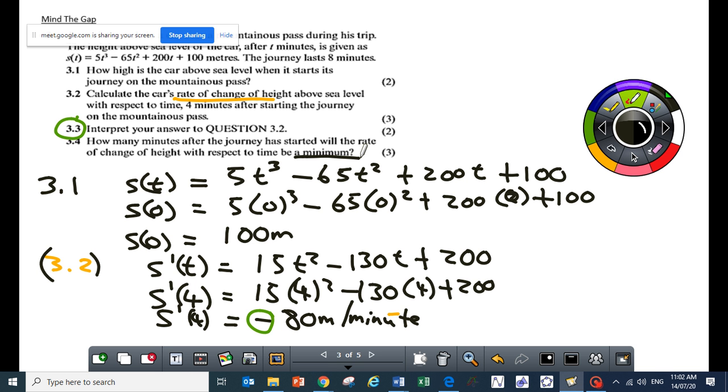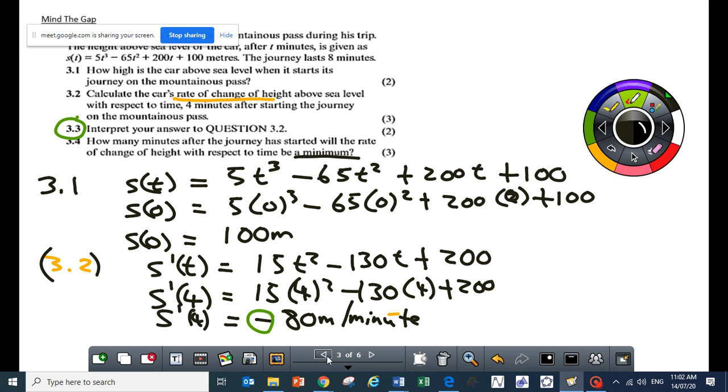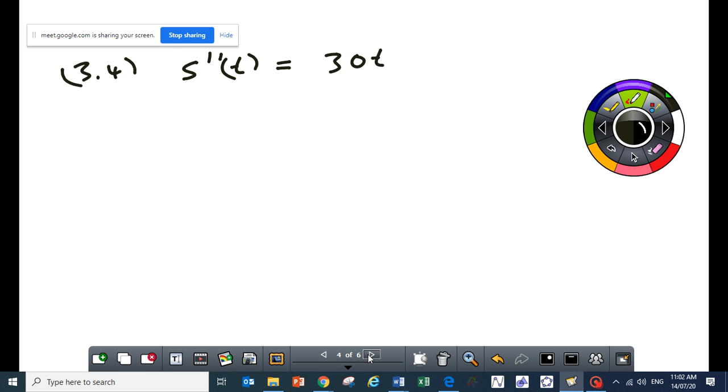So the second derivative is going to be, let me go to the next page, 30t minus 130. So 3.4, S double prime of t is going to be 30t minus 130.